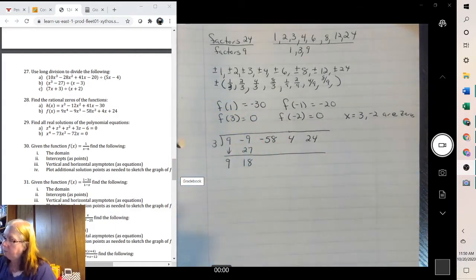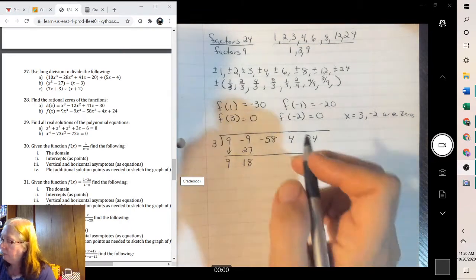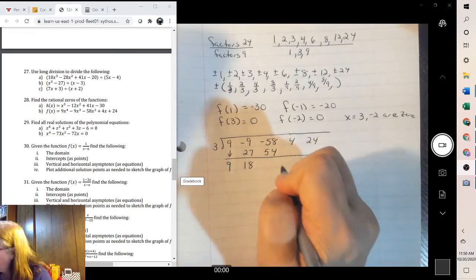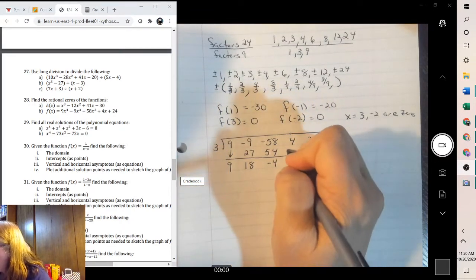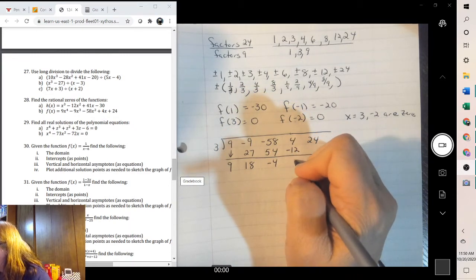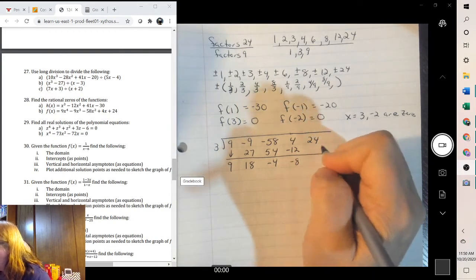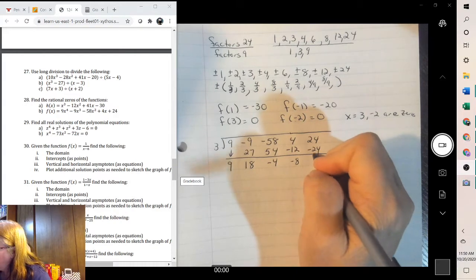Yeah, that's right. Times 3 is 54, which gives us a negative 4, which gives us a negative 12, negative 8, negative 24, remainder of 0.